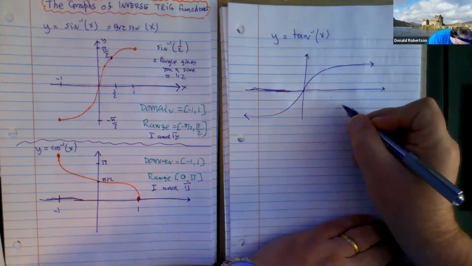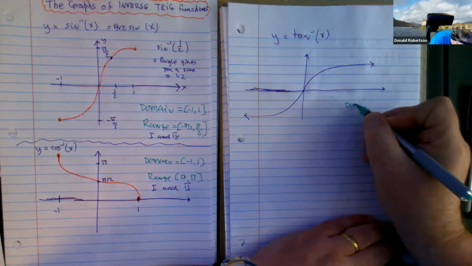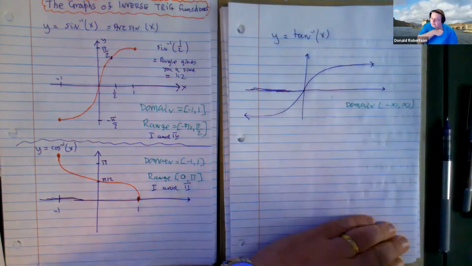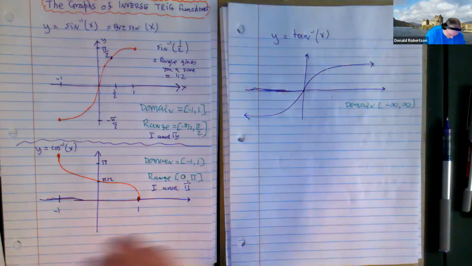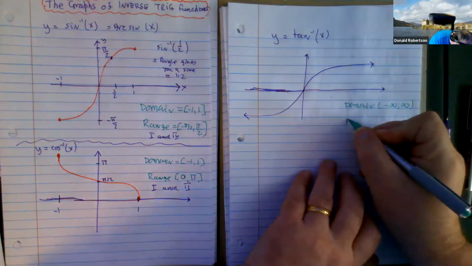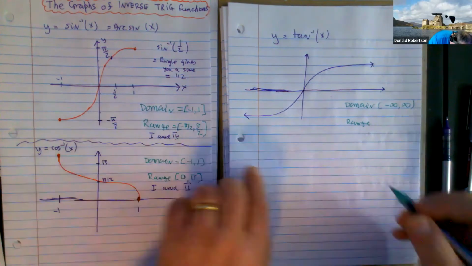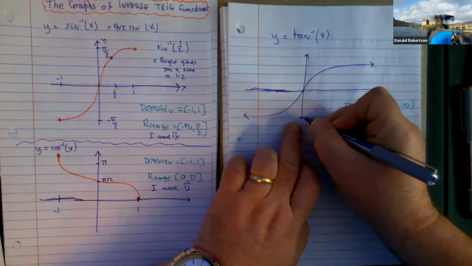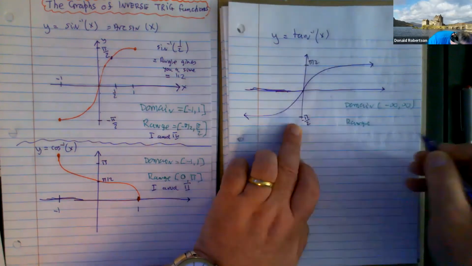And its domain is all real numbers. A tangent can take any number, from -1 trillion to +1 trillion, any value at all. And its range is the same as this fella. The answers you get are always going to be angles between -pi/2 and +pi/2.